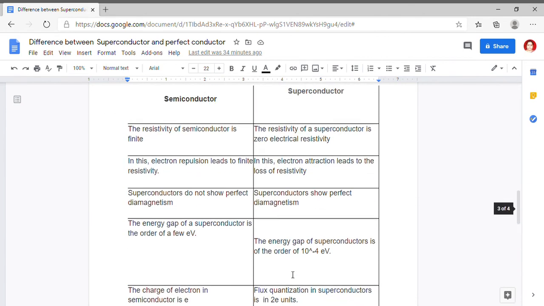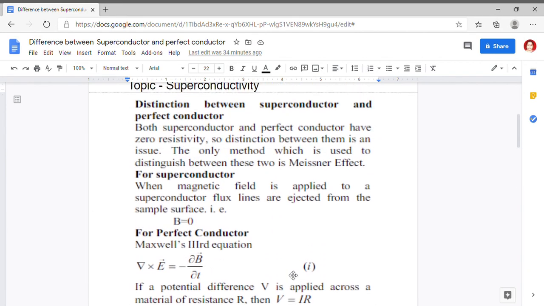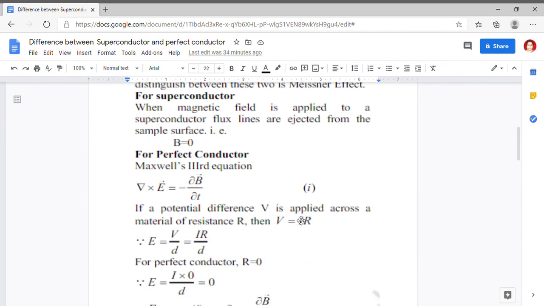So, superconductors are materials which are different from perfect conductors, the common property being that they have zero resistivity. In a superconductor, we must have magnetic field B to be 0 inside the superconductor, whereas for a perfect conductor, B will be constant when such material is placed inside a magnetic field.